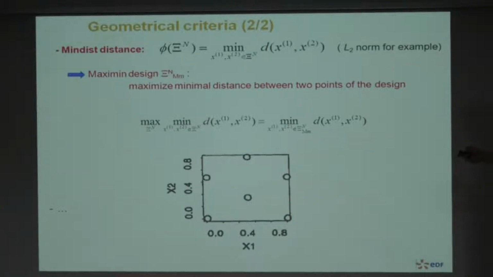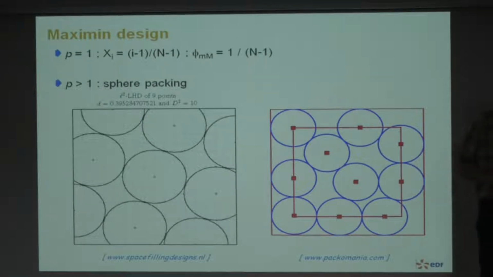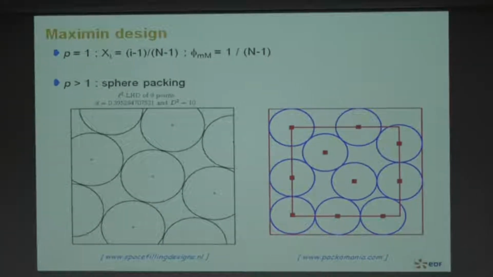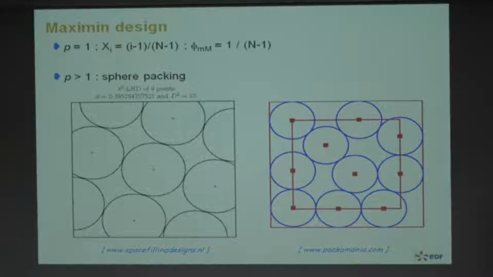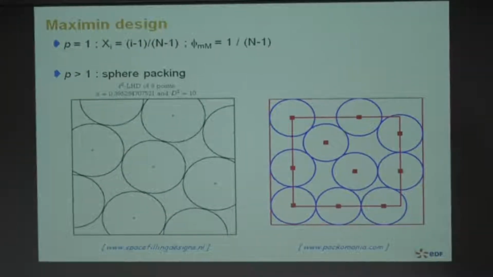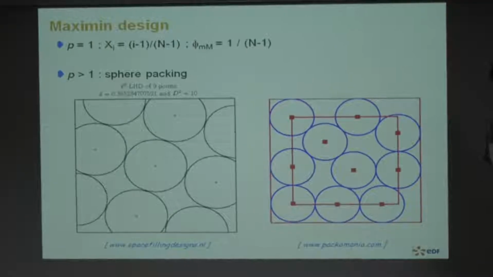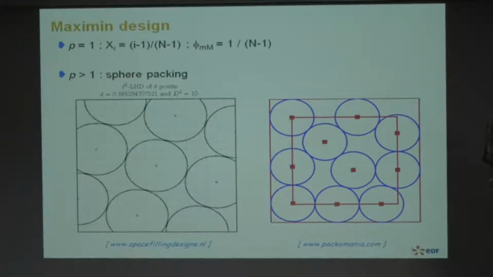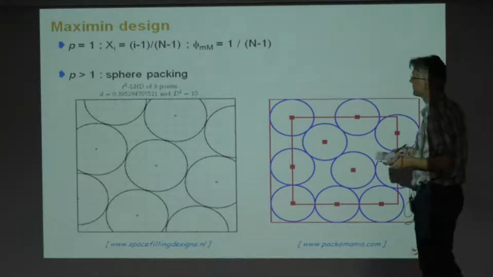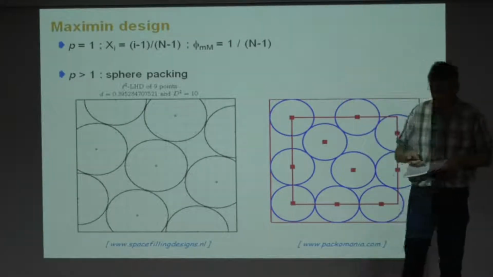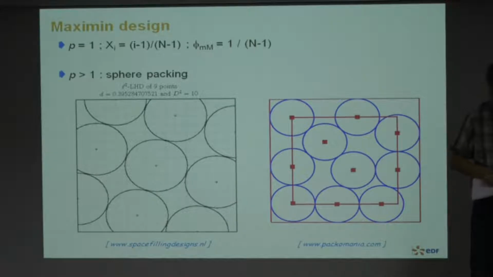Okay. As before, I can look at the problem in dimension 1. So if I put 3 points, it's easy to see that you will have the first point, 0, the second 1/2, and the third 1.